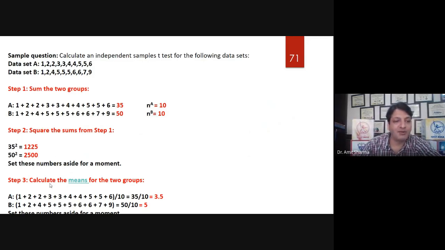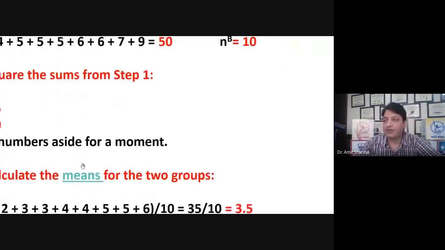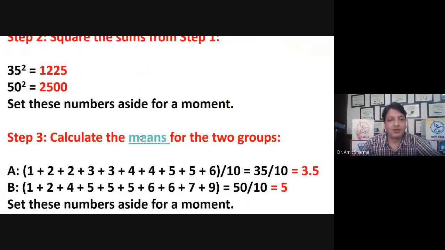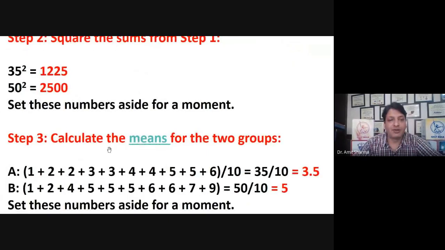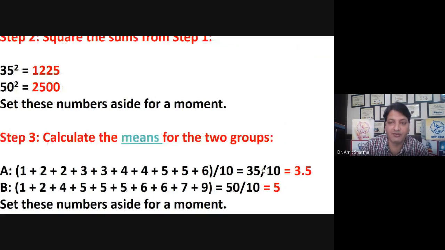In the third step, we have to calculate the mean of both the groups. We know that in step 1 we calculated that the sum of group A is 35 and the total observations were 10. So we got the mean 3.5.